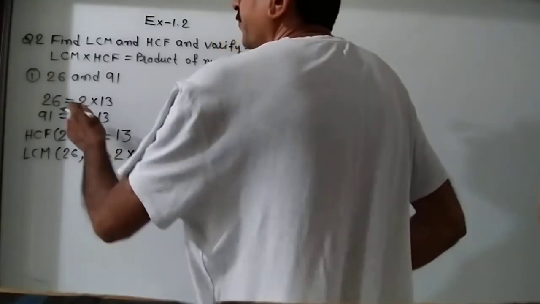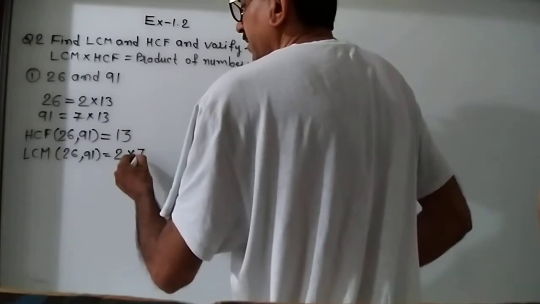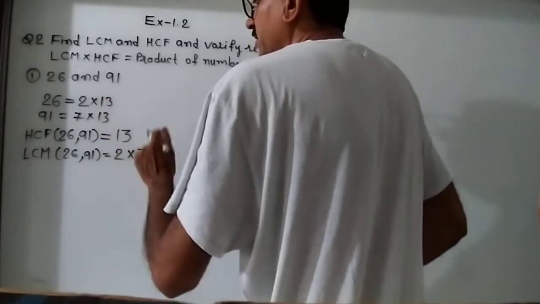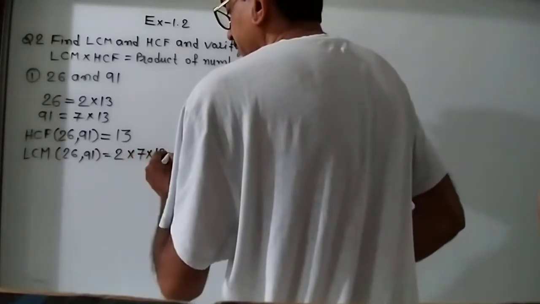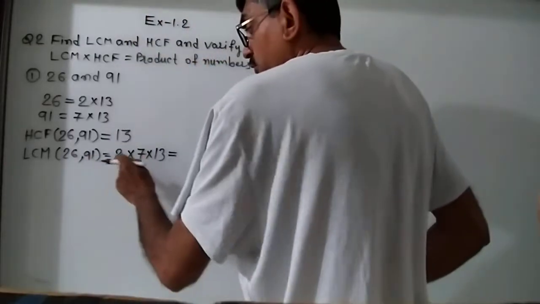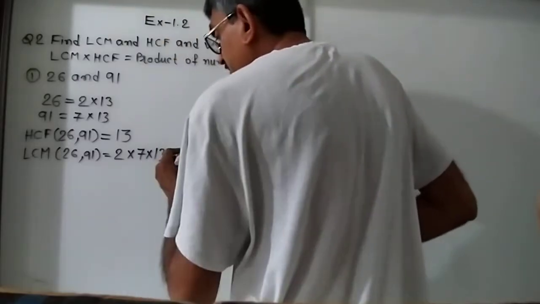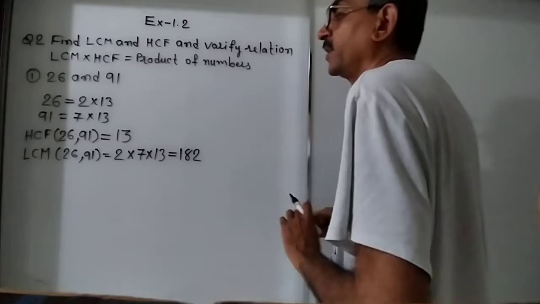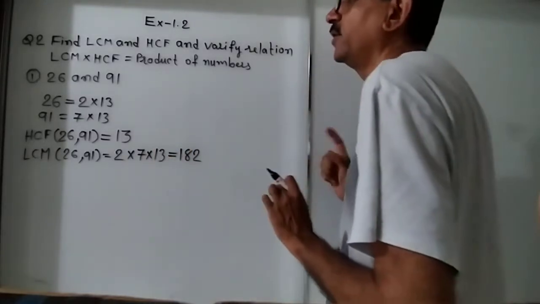Then multiply. 7 here, but 7 is not a factor of 26, but we have to write it. 13 here 1 time, here 1 time, 1 is the highest power, so we write 13. Then we carry out the product. 2 7s are 14, 14 into 13 gives 182. As you multiply you would get 182.